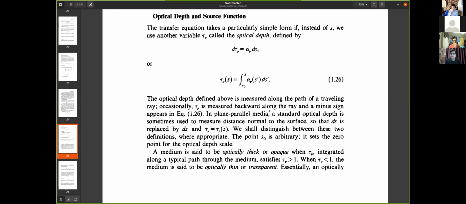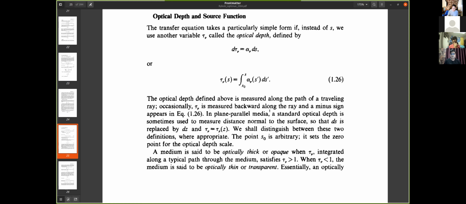And when tau nu is less than 1, then that medium is termed optically thin or transparent. So as the professor rightly said, this tau is dependent on nu. So if suppose the medium is optically thick and tau nu is greater than 1, whatever light has frequency nu will be absorbed by the medium.